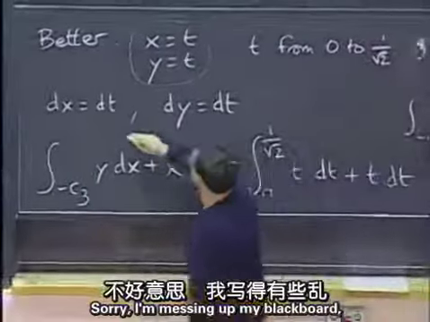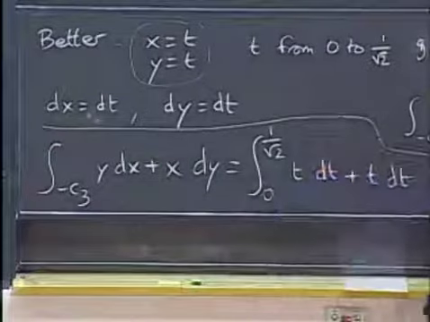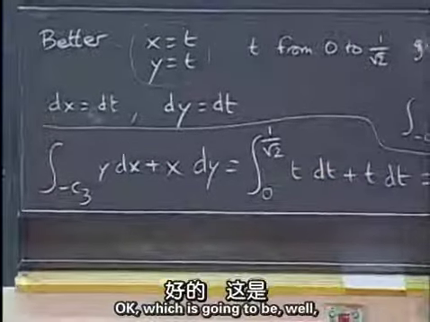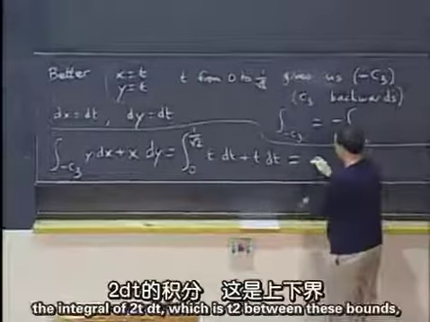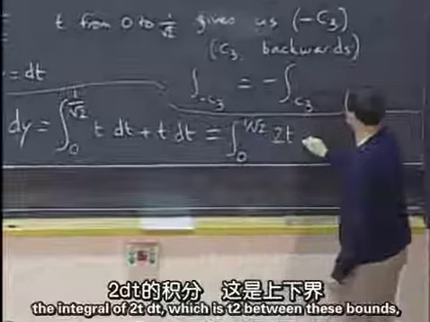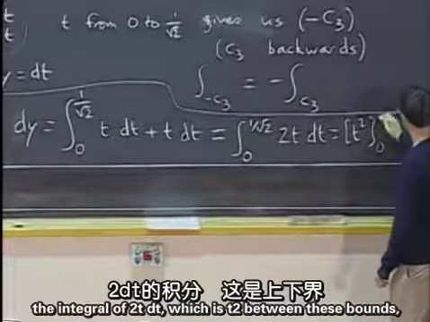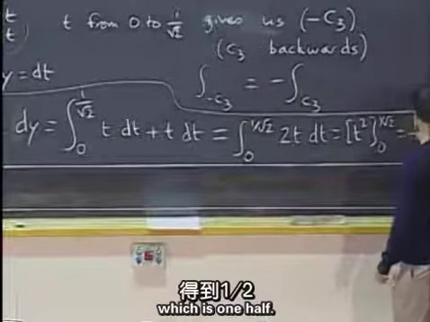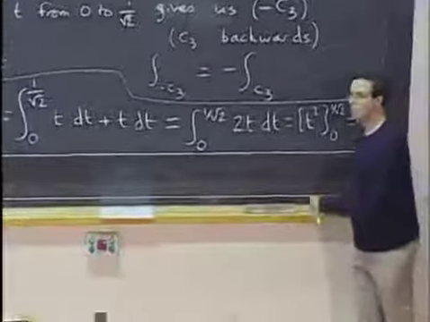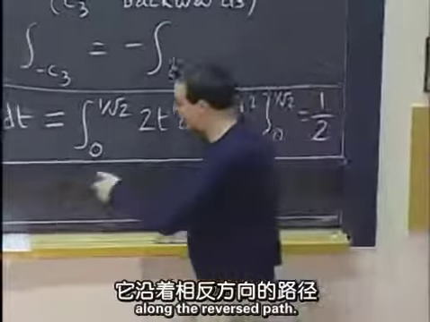Sorry, I'm messing up my blackboard. Which is the integral of 2t dt, which is t squared between these bounds, which is 1/2. That's the integral along minus C3, along the reverse path.